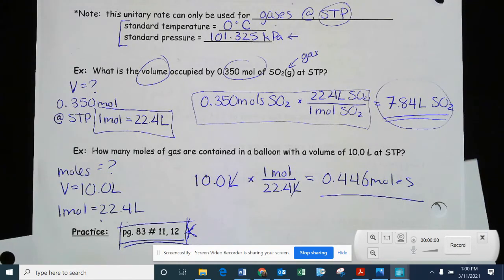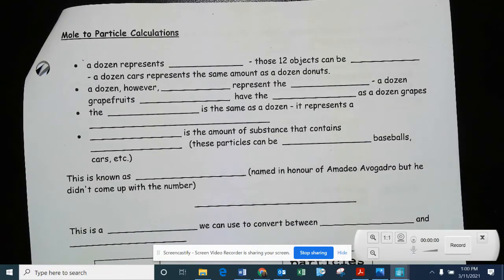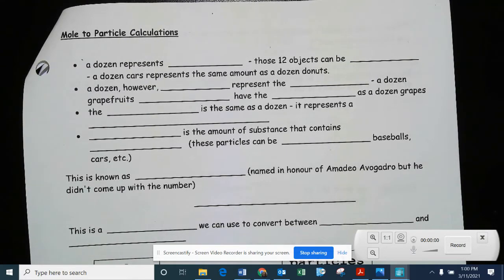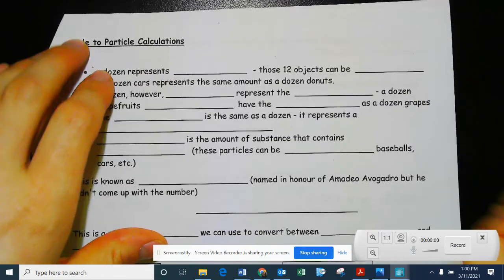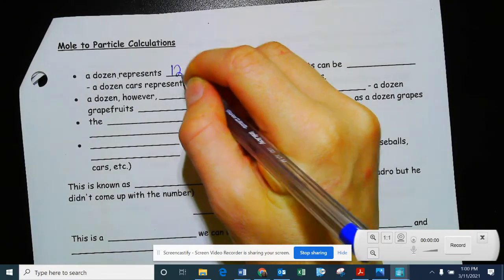Alrighty. So let's get into our next conversion for the mole, which is going from mole to particle. So we know that 1 mole is 6.022 times 10 to the 23. We'll never get tired of that number, particles. So just to compare it again to a dozen represents 12 objects.